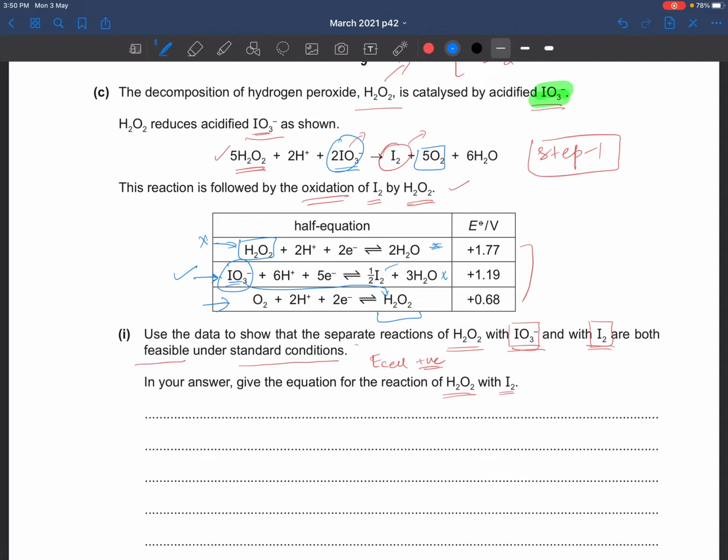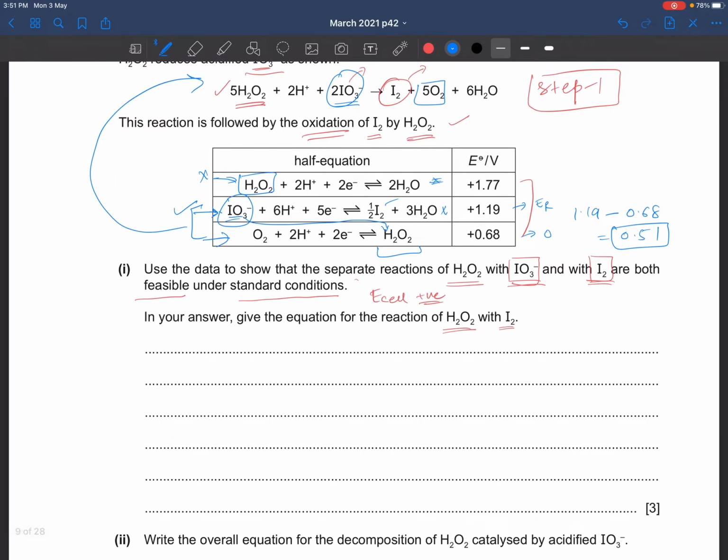So if we calculate the E naught value, this is more positive, so this would be reduced and this would be oxidized. So 1.19 minus 0.68 is 0.51. So the reaction is feasible, right? And if you work out these two equations, you will get the equation mentioned here, right?